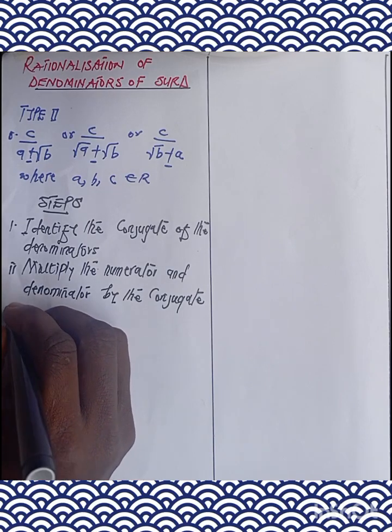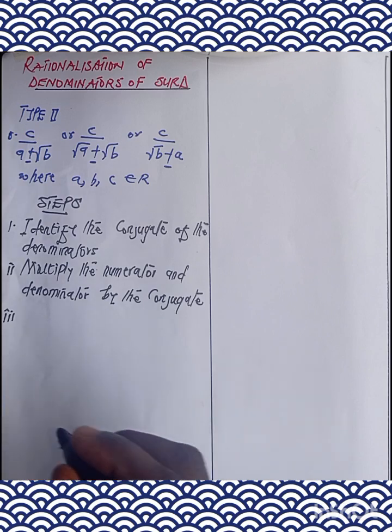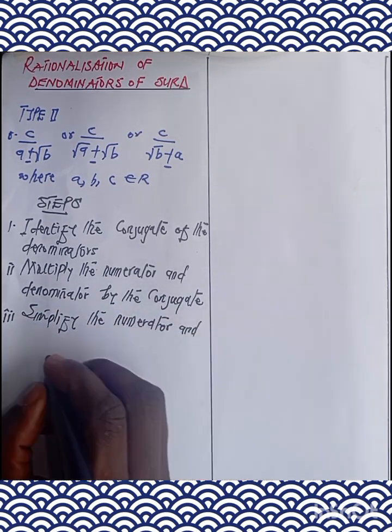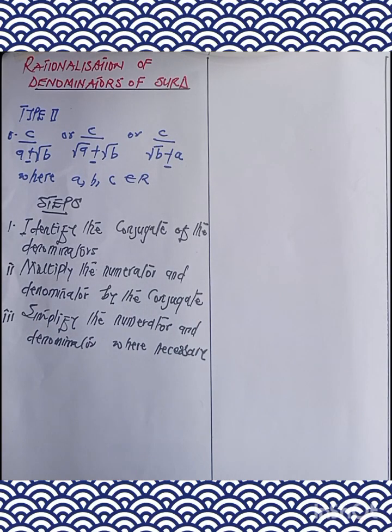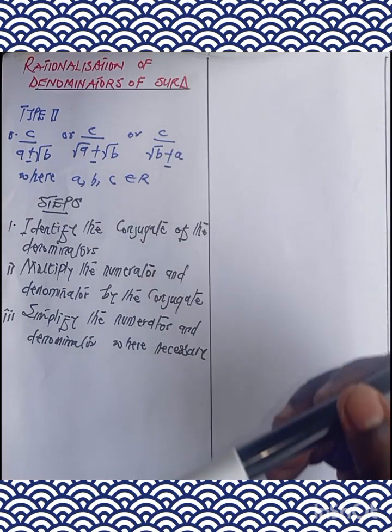Step 3: simplify the numerator and denominator where necessary. So these are the very few steps that we are going to use when we are solving questions under rationalization of set of this very type, or the type 2 question.